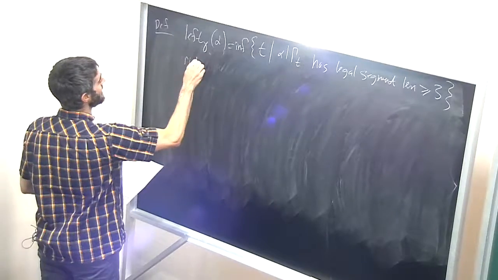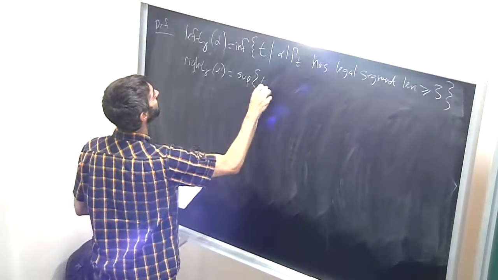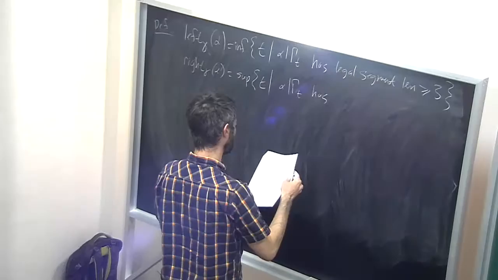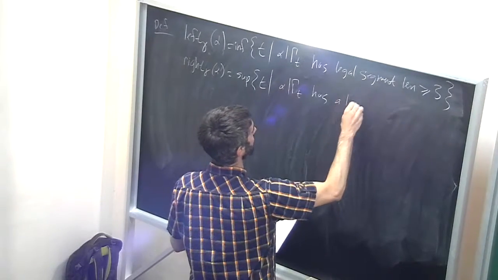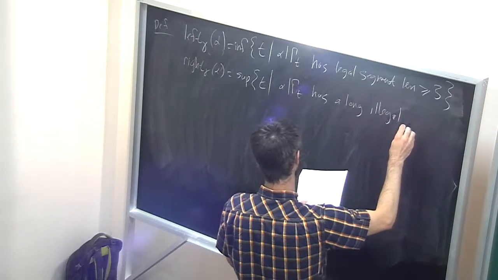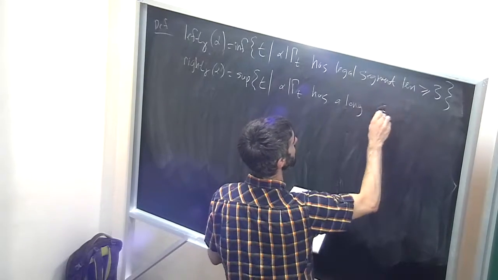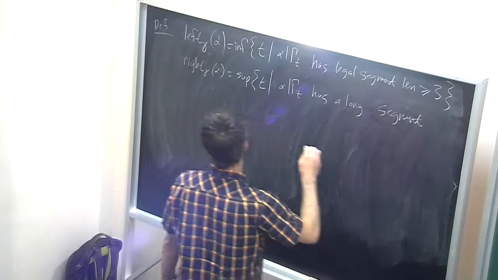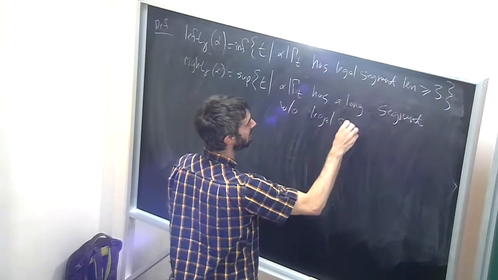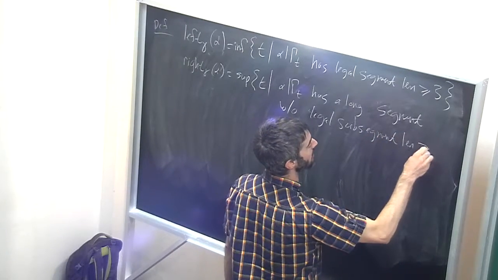Right is the other side. That's the supremum of times where the core has a long illegal segment, a long subsegment without a legal subsegment of length greater than or equal to 3.